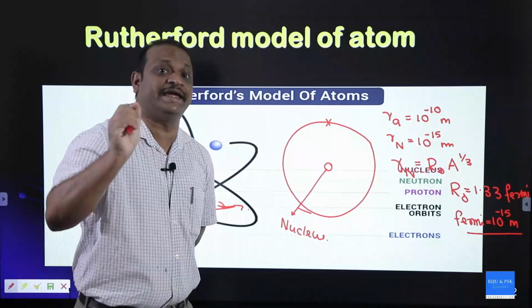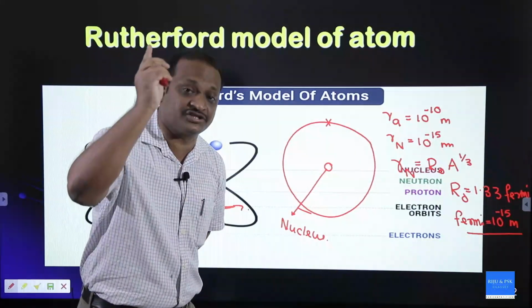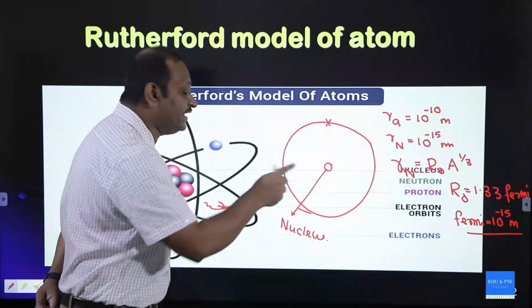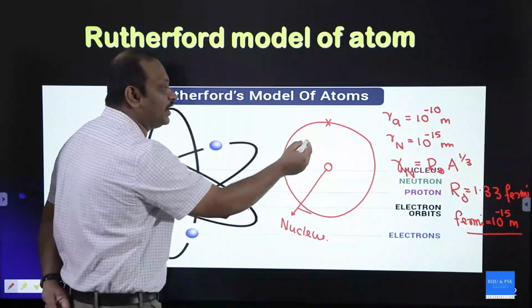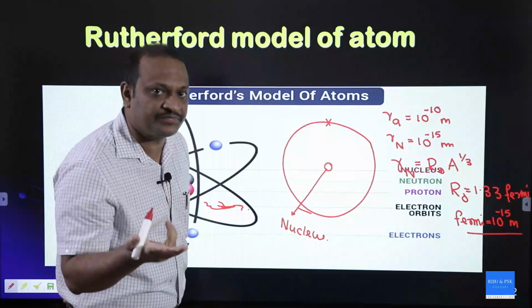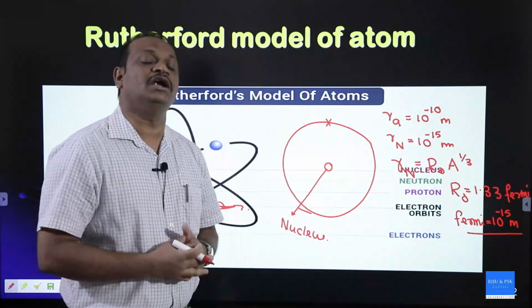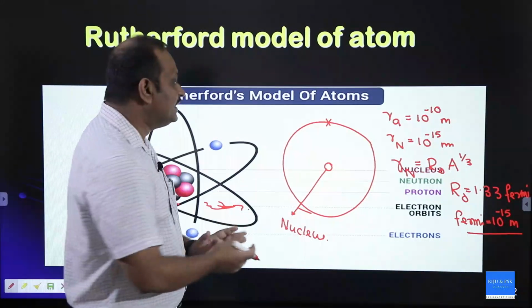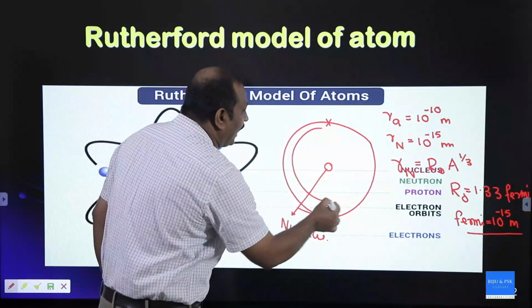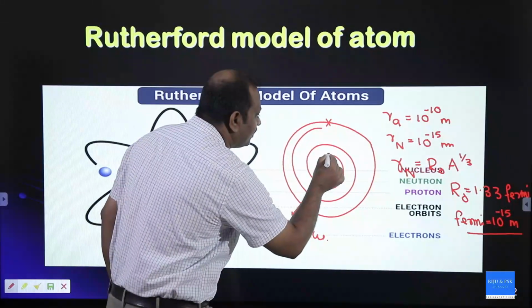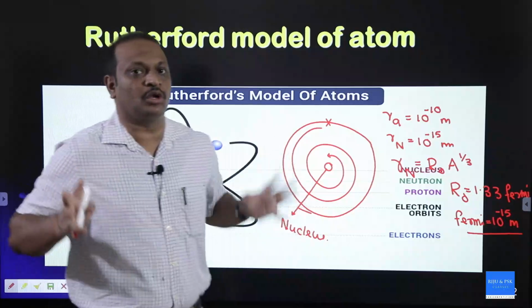So continuously it is undergoing acceleration. When it is continuously getting accelerated, it will lose energy. If it loses energy, ultimately it will come and collide with the nucleus.